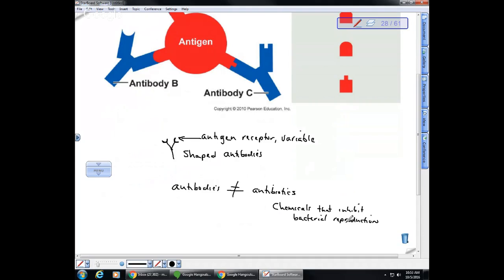So antibodies are Y-shaped, and they're produced specifically by lymphocytes, specifically by B cells, okay? So these are produced by B cells.